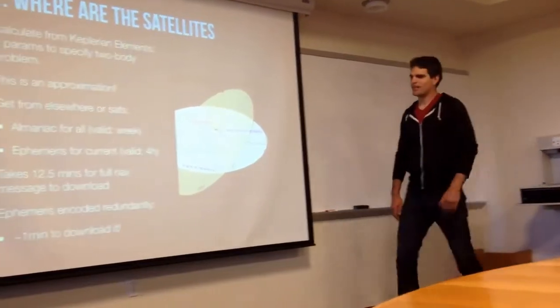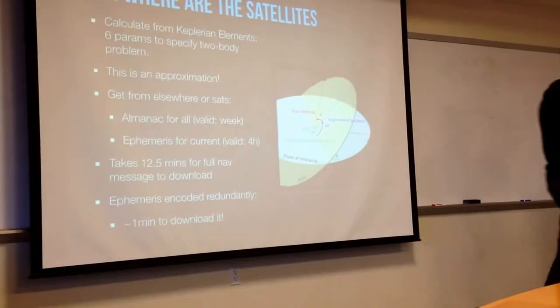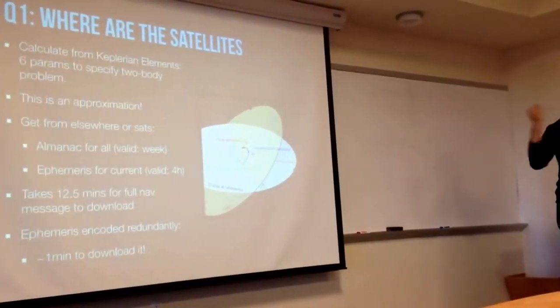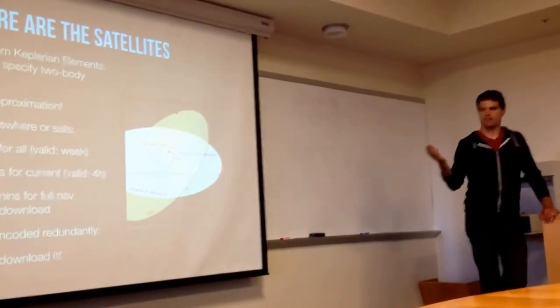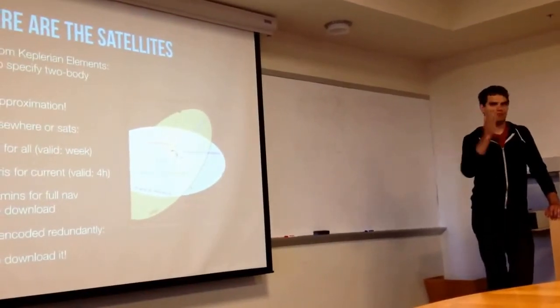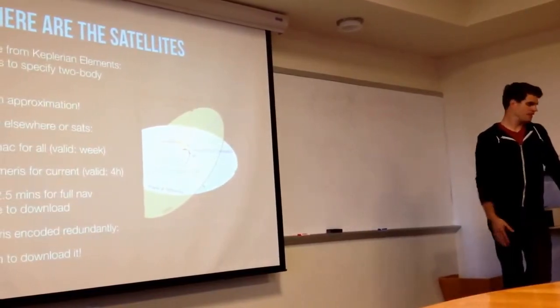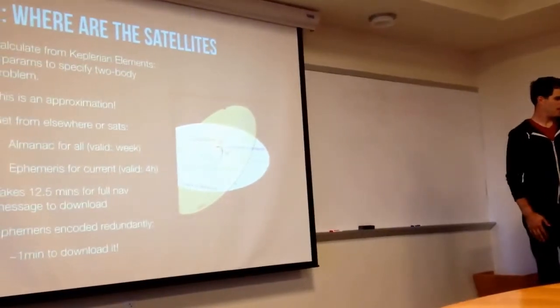But practically speaking, I usually say it takes about a minute to download this data from a satellite. So if you pull a GPS brand new out of the box and start it up, it's going to take about a minute from being able to acquire a satellite to actually knowing exactly where it is, the high precision. So that's usefully a little bit of information.